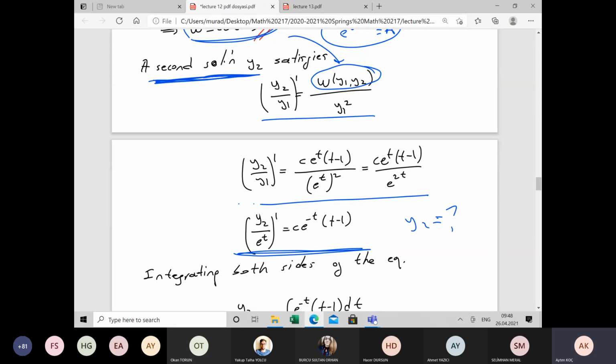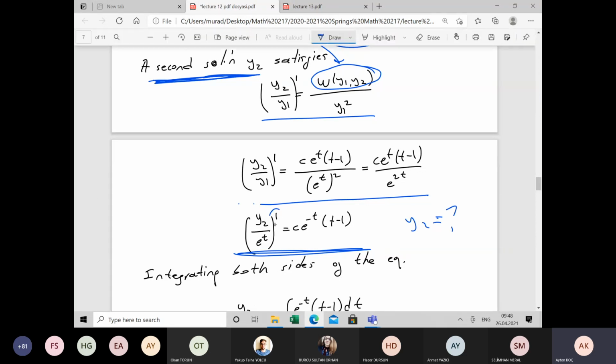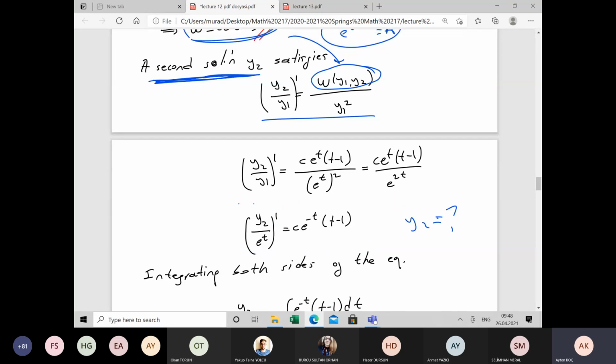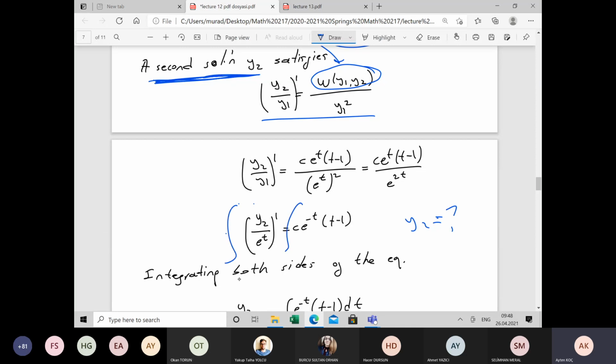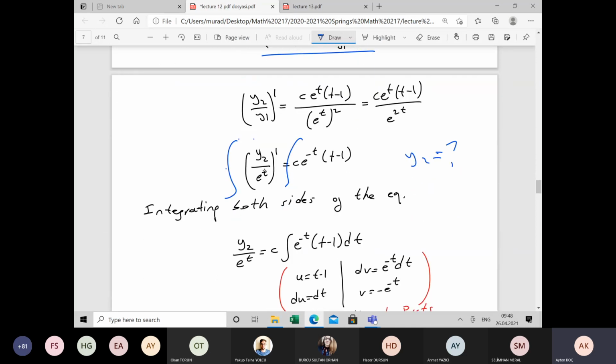How to find it? Integrating both sides is okay, because of the derivative here, and then we obtain y sub 2 over e to the t equal to c times this one, where c is a constant.